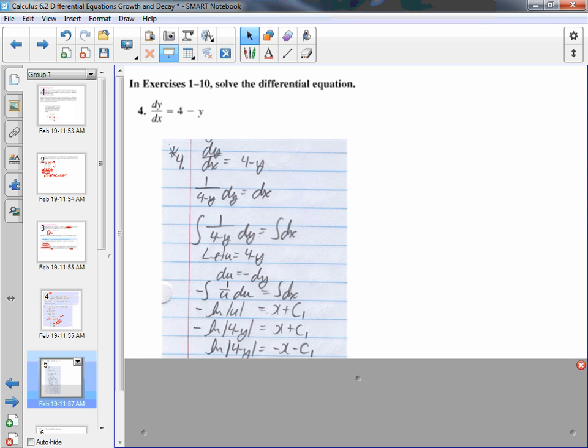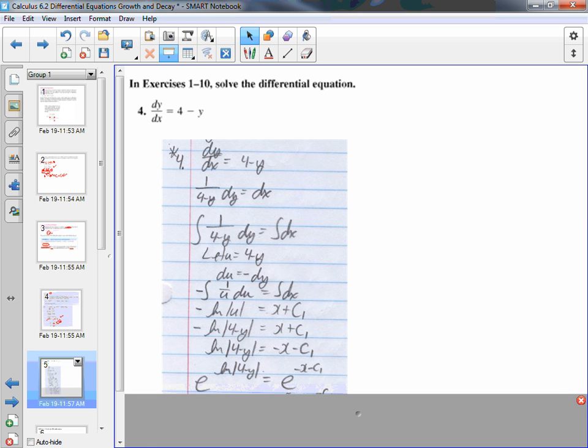Now, you know when we were developing the y equals c e to the kt, we exponentiated both sides to get rid of the natural log, so that the y wasn't trapped inside it anymore. Same thing. Exponentiate both sides.